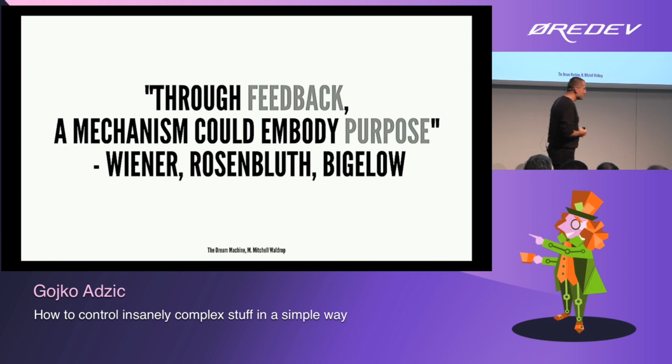But seriously, they talk about how that kind of a feedback system is necessary for a mechanism to embody a purpose. Rosenblueth was a psychologist, and he was working with them and took this a bit further. His idea was that feedback is absolutely crucial for any kind of voluntary action.